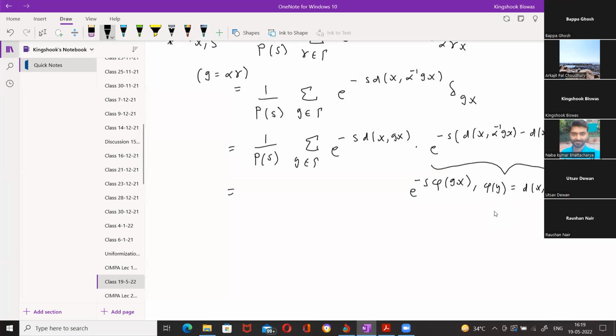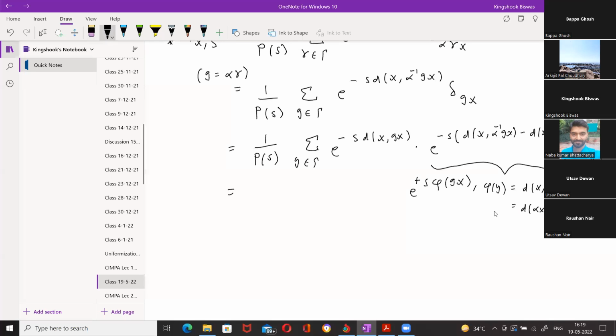Okay, so wait, let me write this. This is the same as distance, so alpha is an isometry: distance(alpha x, y) minus distance(x, y), right?